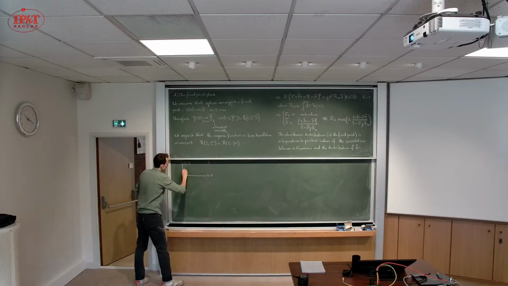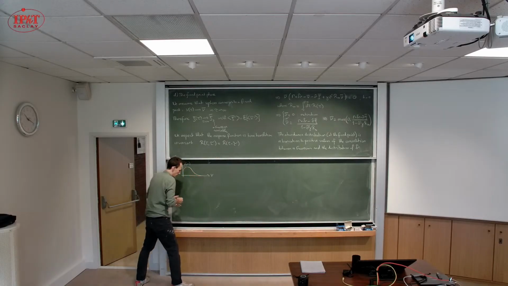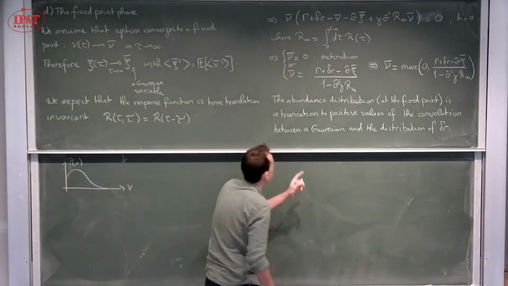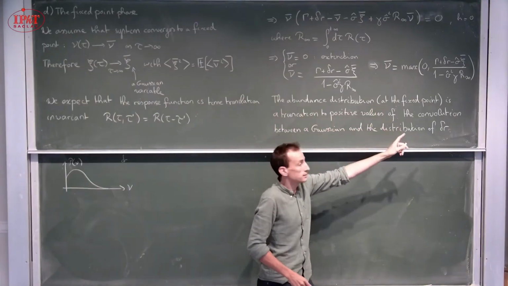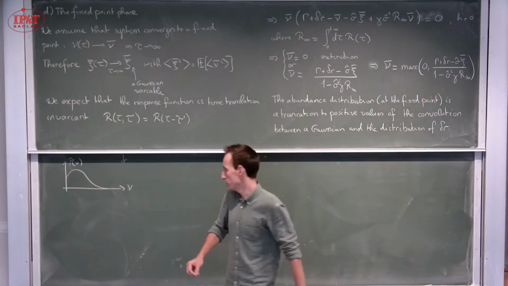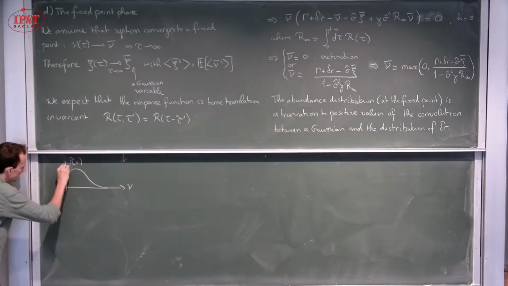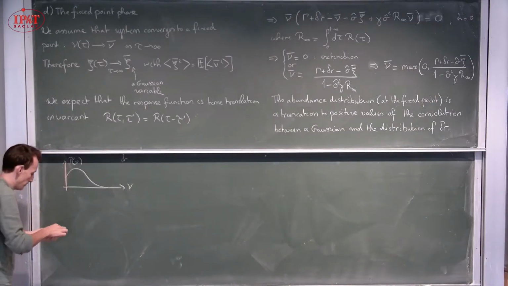So it would look like something like that. But of course, as Paul mentioned, there is the contribution from all the ones that are extinct, because some of them will go extinct, which is manifested by a delta peak at 0.